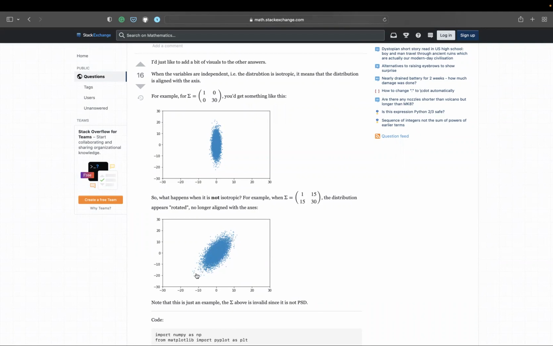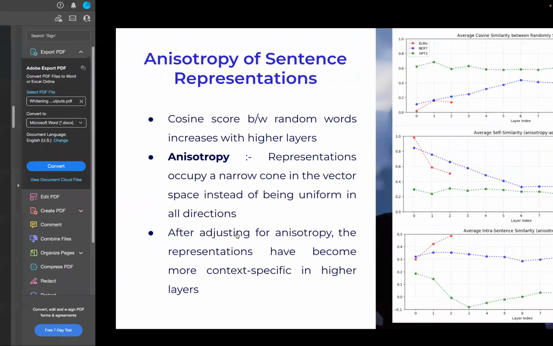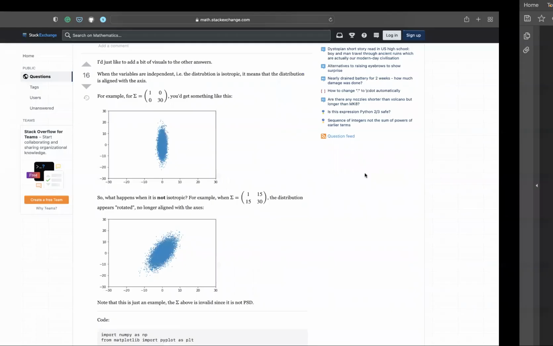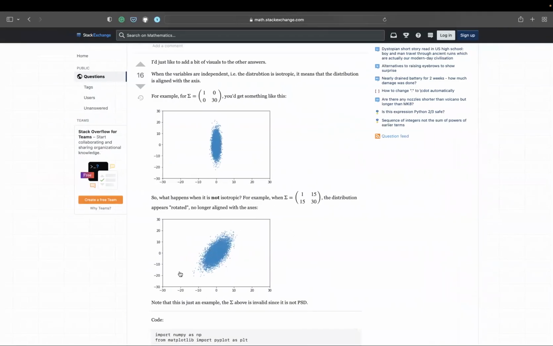So even if you pick very distinct, randomly sampled words, the cosine similarity will be closer to 1. In the GPT last layer, even if you pick random words, there is a high chance of getting a cosine similarity close to 1, because of this anisotropic behavior.